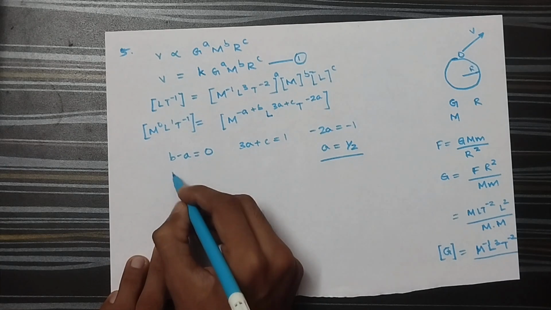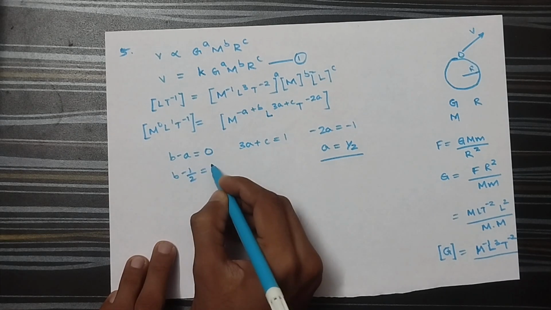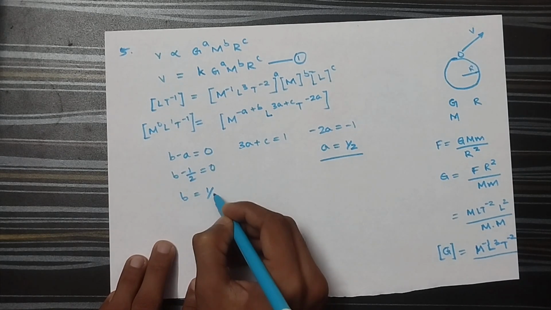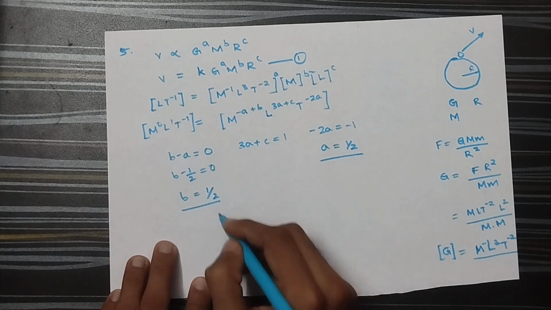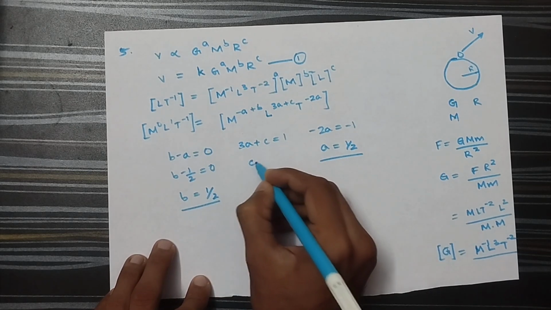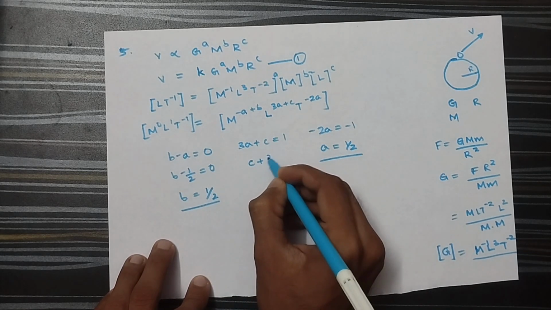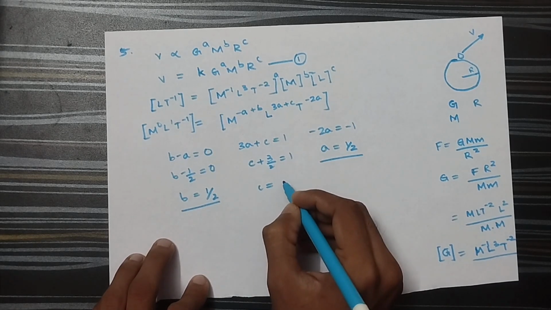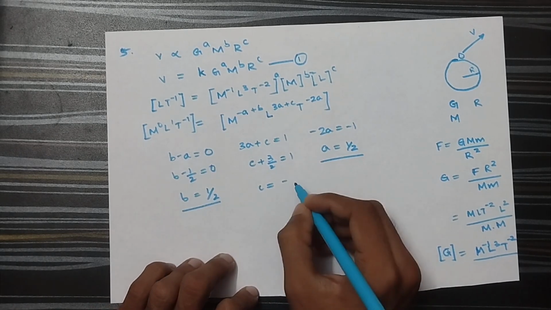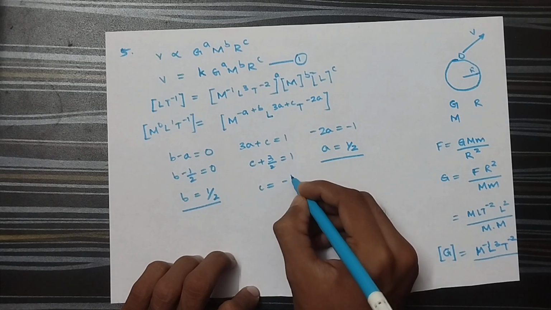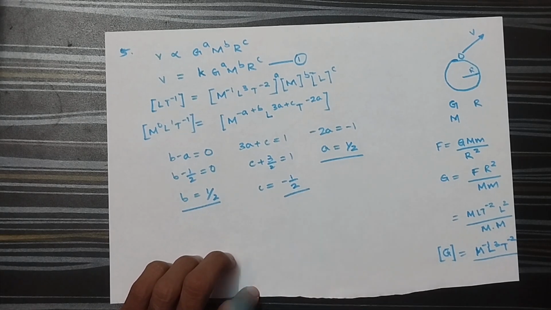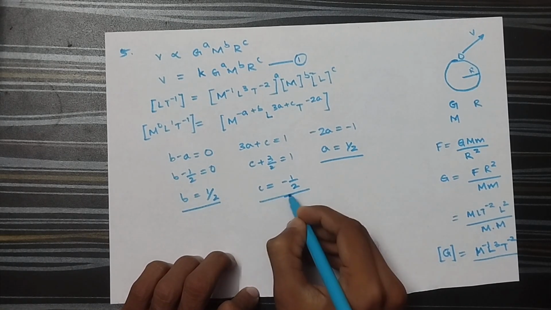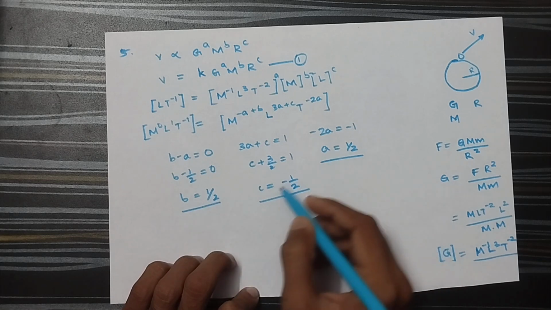Putting a in this, b minus 1 by 2 is equal to 0, b is equal to 1 by 2. So we found a, we found b. Now for c, c plus 3 by 2 is equal to 1. So c is equal to minus half, right? So we found a, b and c.